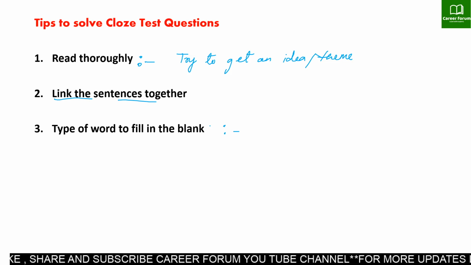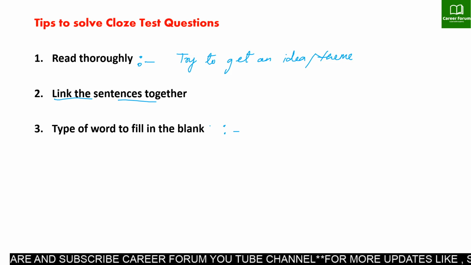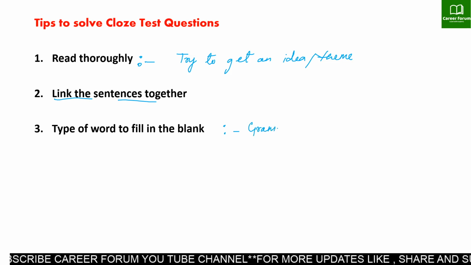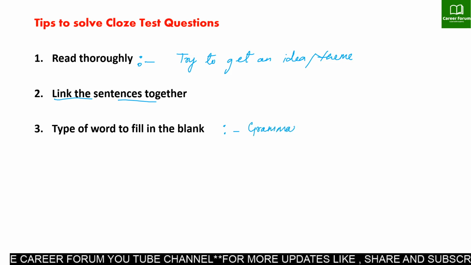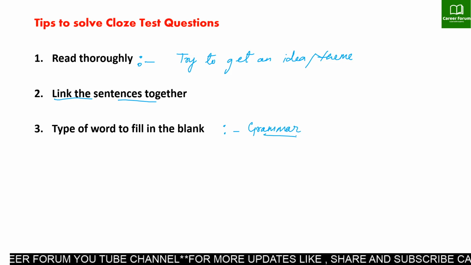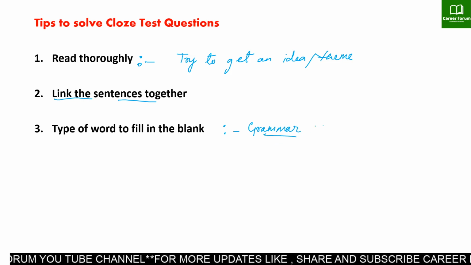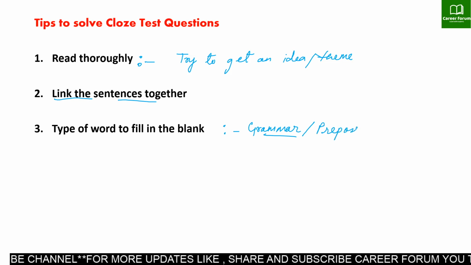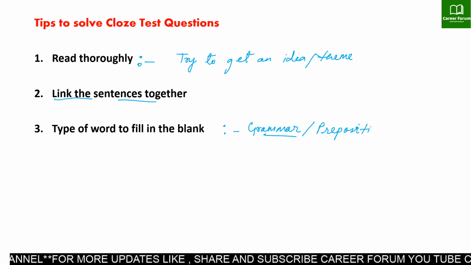So fill the correct word considering grammar, you need to apply your grammar rules here. Grammar is also important. Important is to consider prepositions, very important. Tense is again an important aspect.